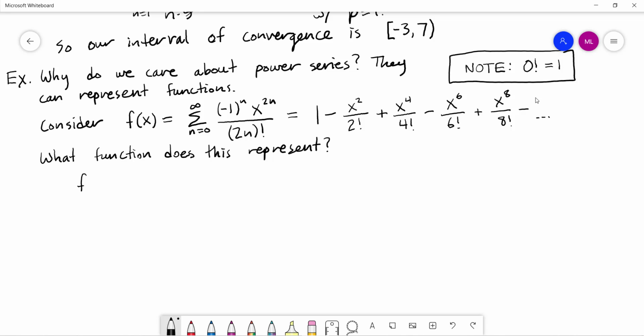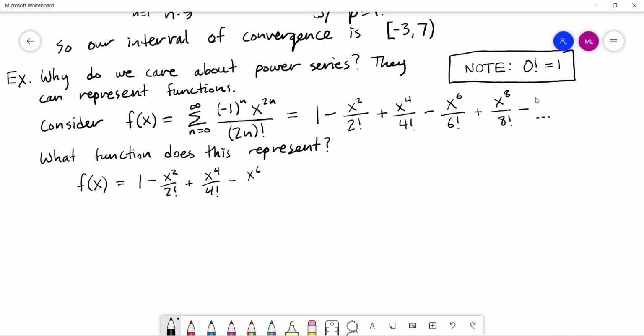I want to start off with f of x and write it down again. So I'm just copying what we just wrote: x squared over 2 factorial plus x to the 4th over 4 factorial. Just want to write out a handful of terms here.